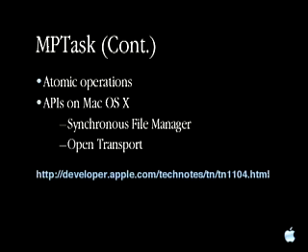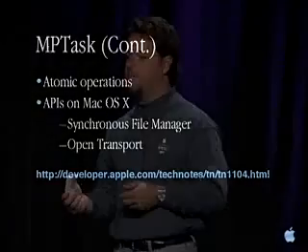Some of the APIs that exist on macOS 10 that use MP tasks under the covers are the Synchronous File Manager APIs and the Open Transport APIs. If you'd like to see an example of some of these APIs, the tech note that we usually refer to is 1104. The URL is kind of hard to read there.